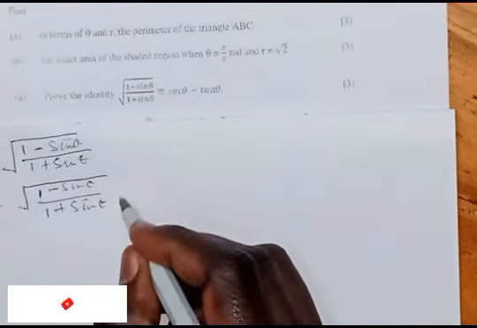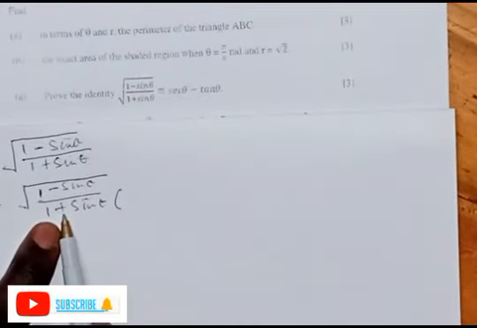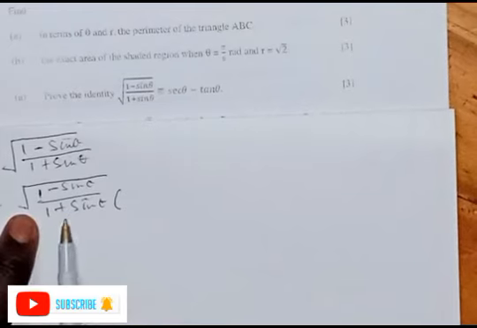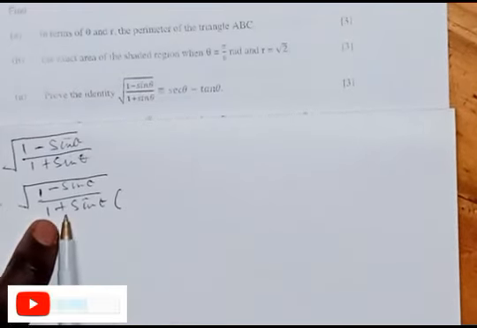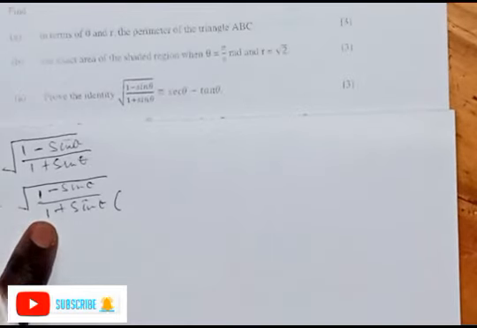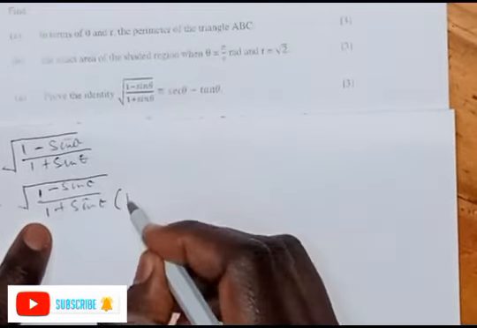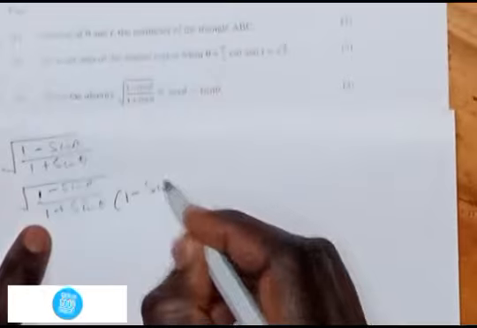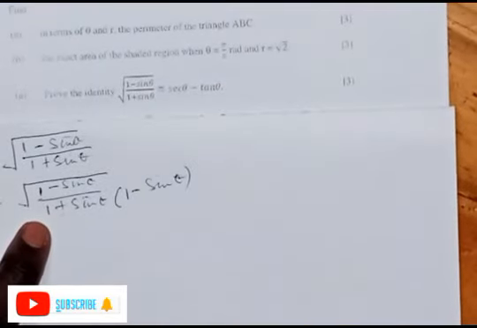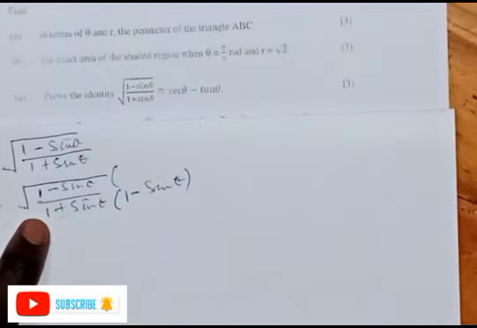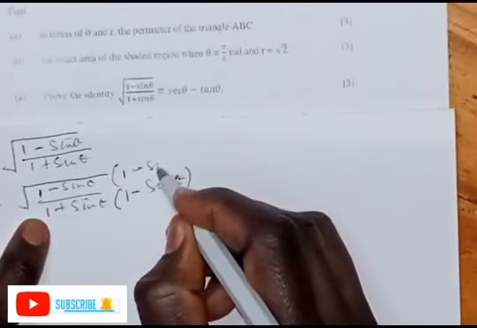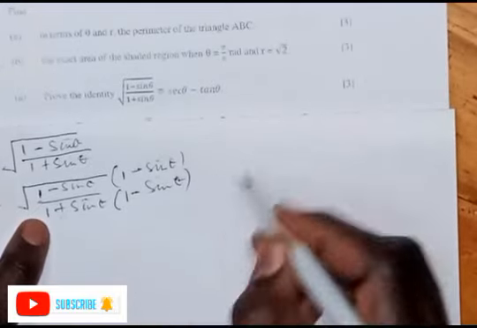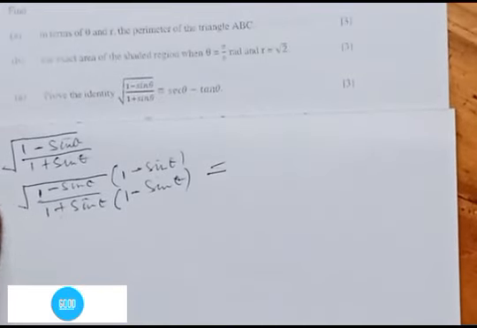The conjugate of 1 plus sin theta: we change the sign, so the positive becomes negative, and the conjugate becomes 1 minus sin theta. Then we also multiply the numerator by 1 minus sin theta.